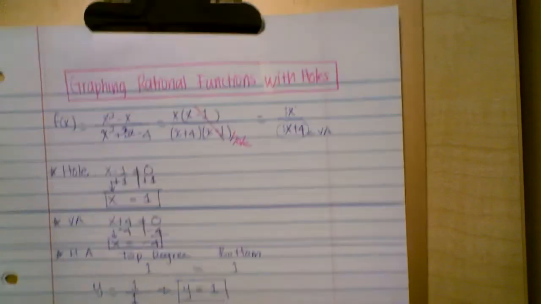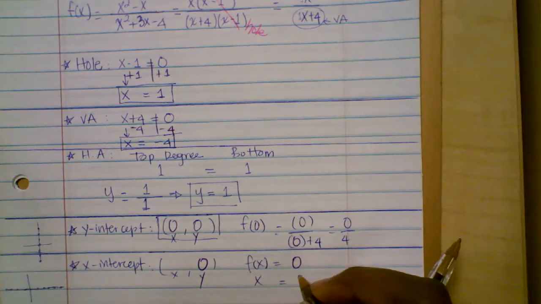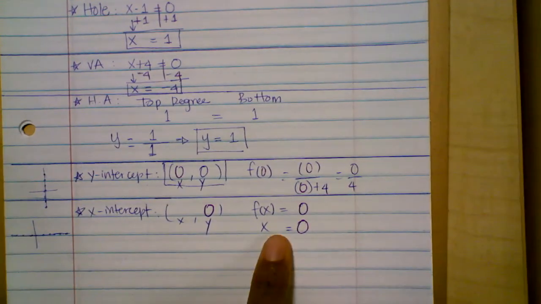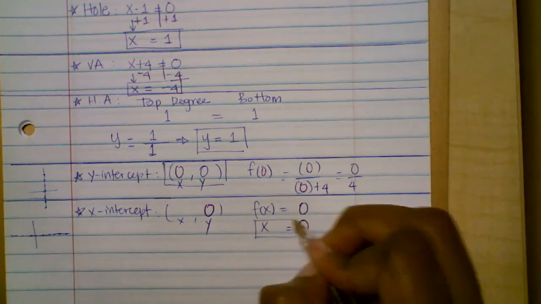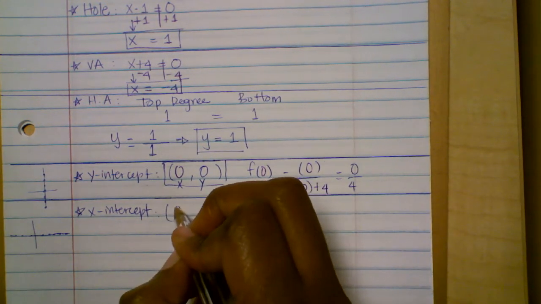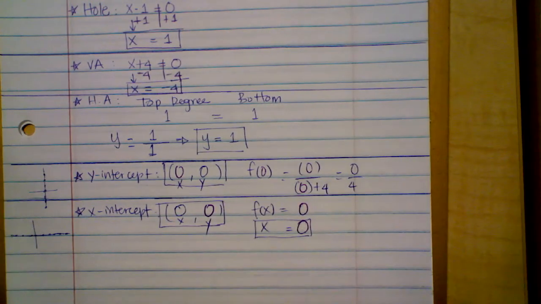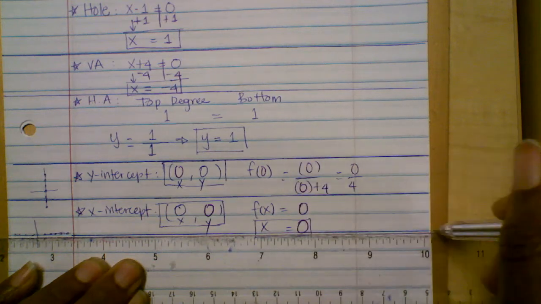So I'm going to take the numerator, which is just x, set it equal to 0 and solve for x. Uh-oh, it's just x. x is already by itself. It's already been solved. So the x-intercept is again (0, 0). So now let's move on to the domain and the range.